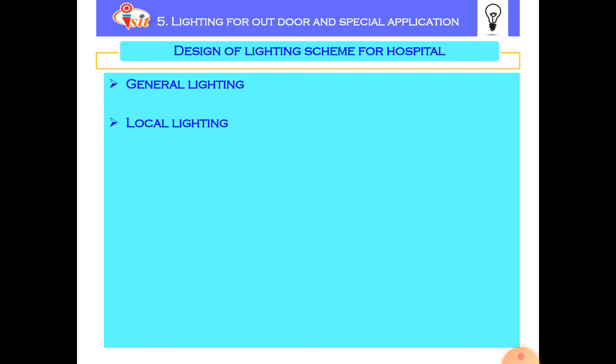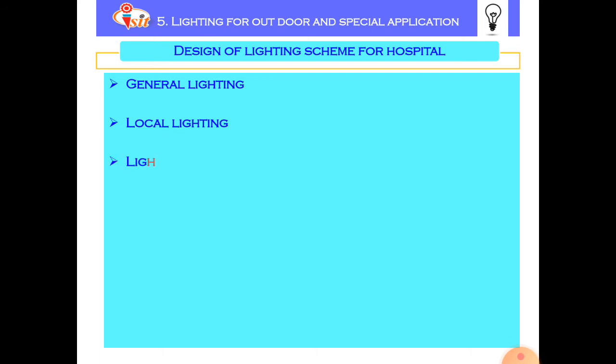The local lighting, which is on top of the operation table, is provided by a very specialized luminaire capable of providing shadow-free illumination in the operating activity by means of a multi-lamp and multi-faced reflection system. Those lamps are used for the table work.